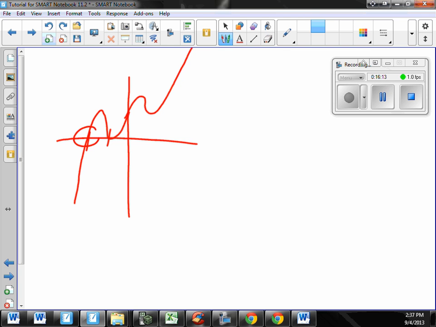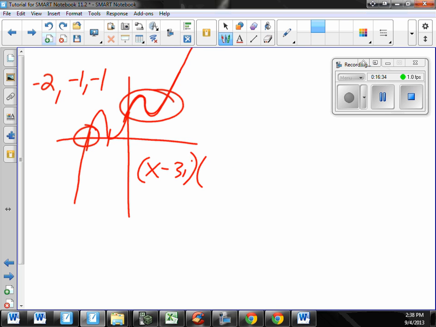So this is a single root, -2. This is a double root, -1 and -1. And we know there are 2 more roots, at least, because we changed direction 1, 2 times. So that would be something like x minus 3i and x plus 3i, I'm just guessing.